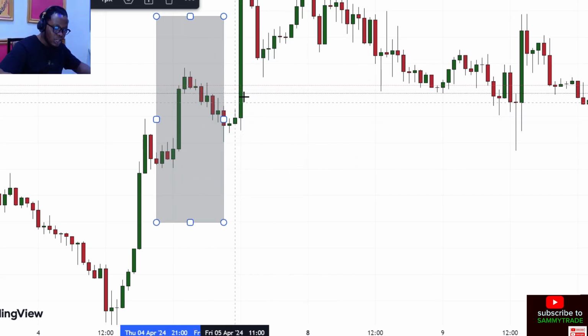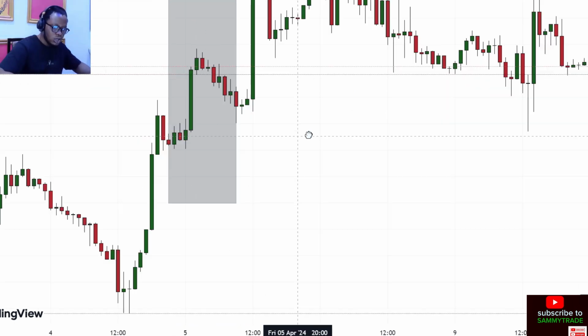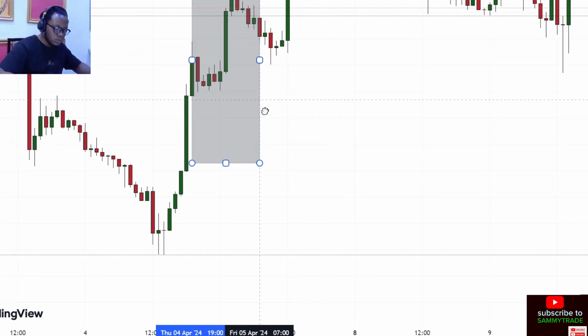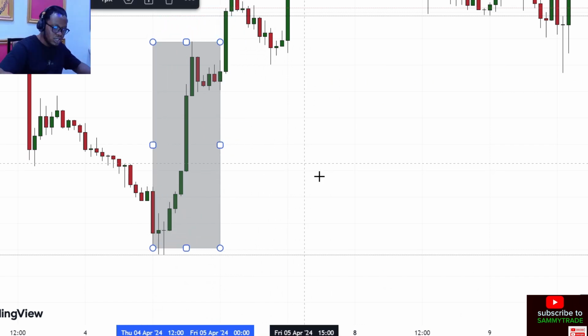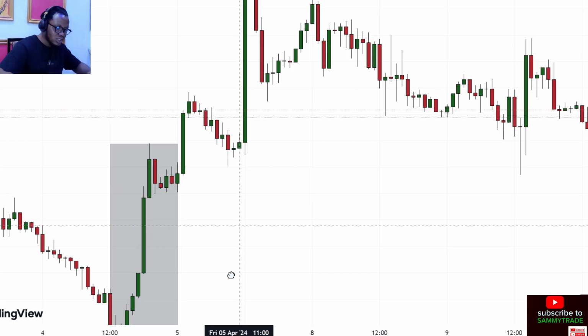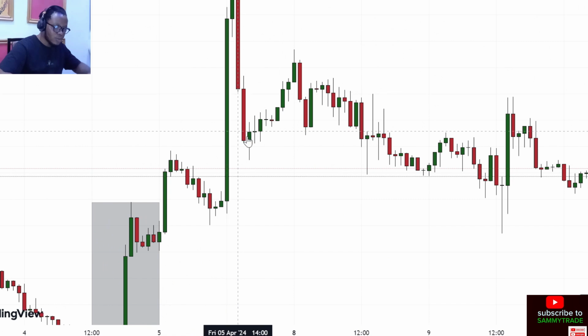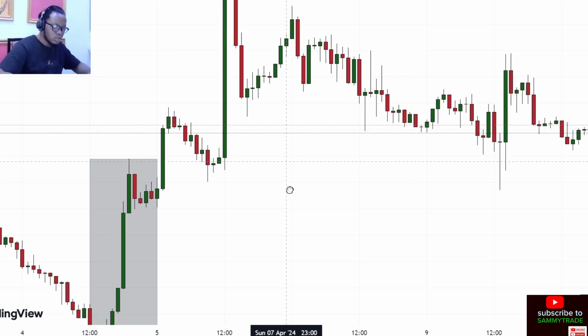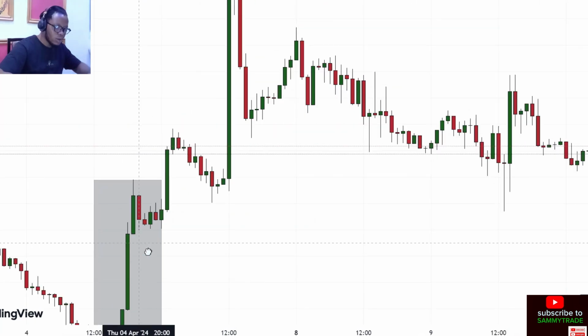As you can see, this candlestick is clearly bigger than this one. You measure it with this one also. As you can see here, it takes 1, 2, 3, 4, 5 candlesticks to do what this one candlestick did at this point, which means this is the most valid order block. So we are using this order block.